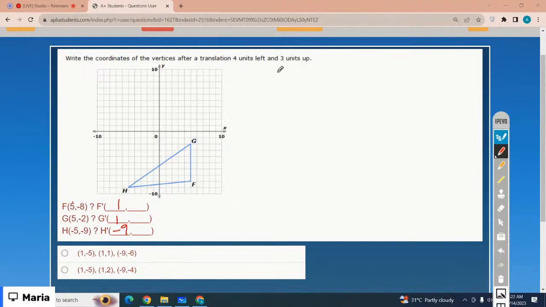Then 3 units up you have to add 3 to the y component. Y coordinate negative 8 plus 3, negative 5, negative 2 plus 3, 1, negative 9 plus 3, minus 6. So these are the coordinates, 1, negative 5, 1, 1, negative 9, negative 6, right? So which is the correct option? Option number 1 it is, right?